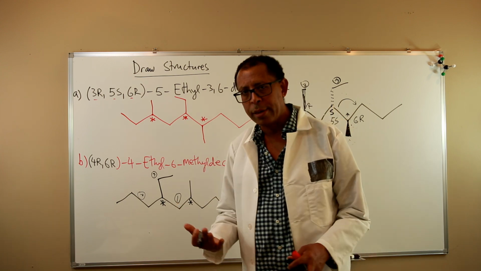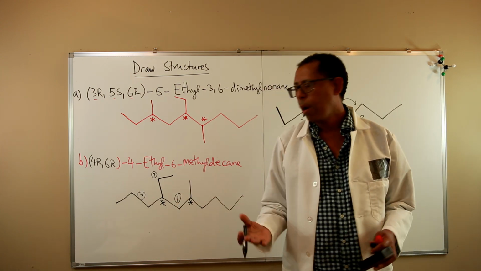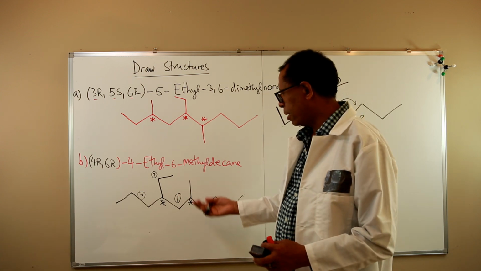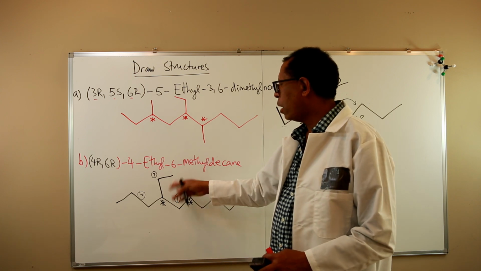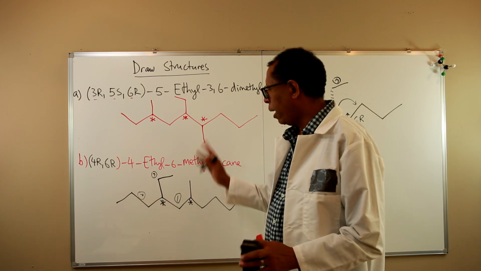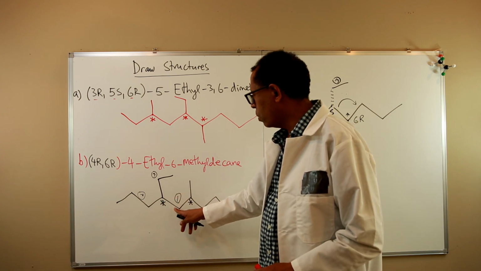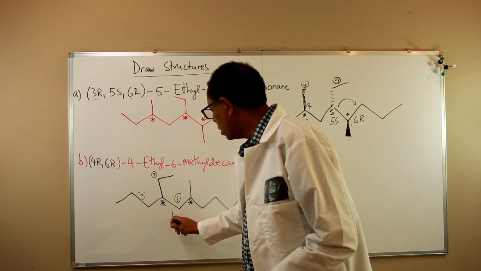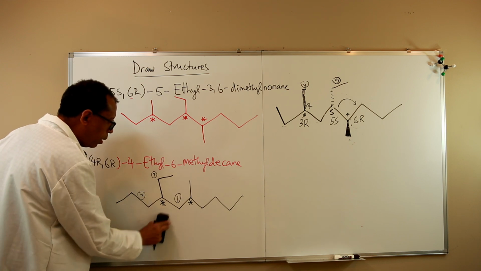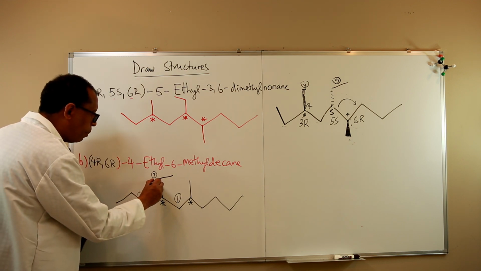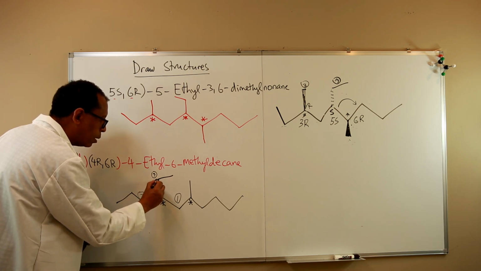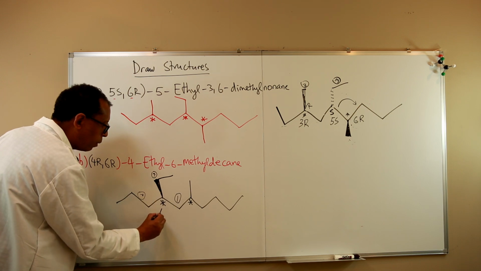As I already told you, to solve such problems, the initial assumption should be to put hydrogen at the back, which makes it easier to go from 1 to 2. So I put it at the back, and I'm going from 1 to 2. This is clockwise, therefore it is an R. So my assumption was fine. This is up, and the hydrogen is at the back. So this is the 4R position.